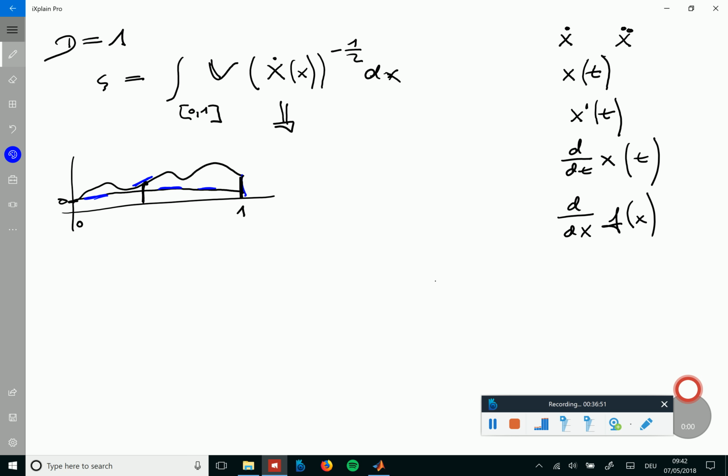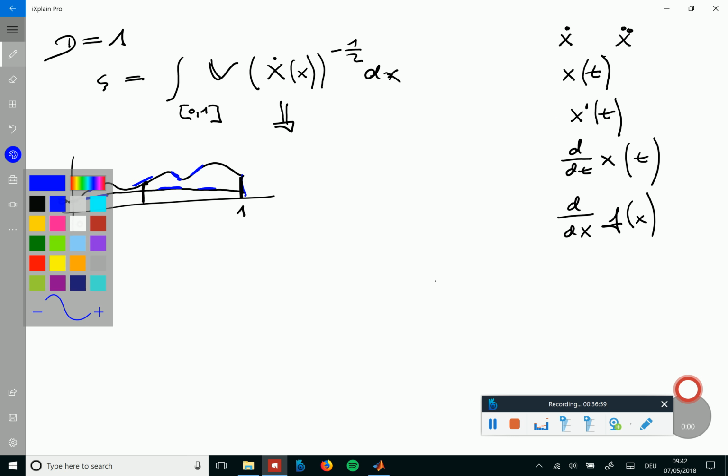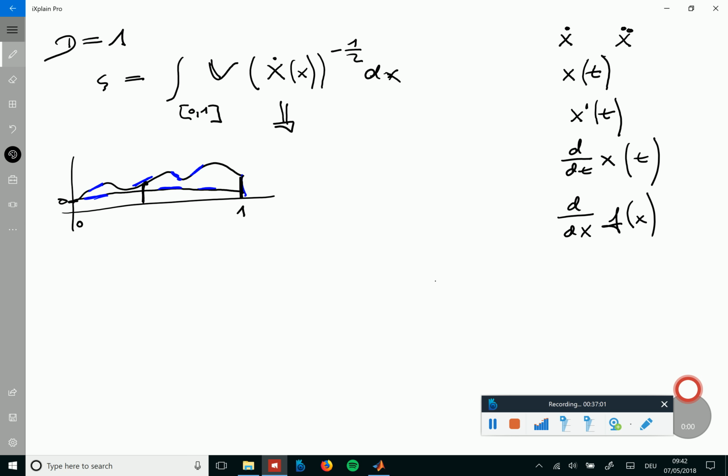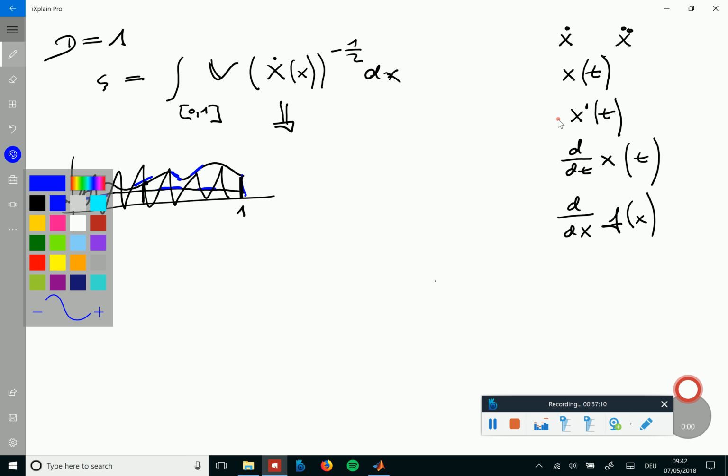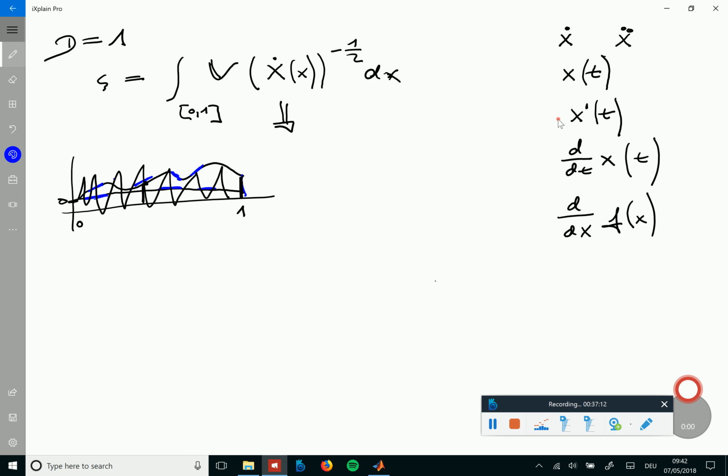Now, if you have something in between, then of course you have slopes like this over space. And if we go to something that is more rough, then your slopes get much larger. So keep in mind that the more vertical the slope looks, the larger the value.